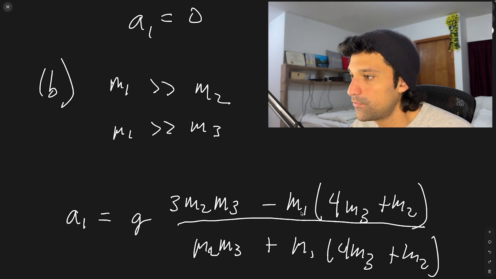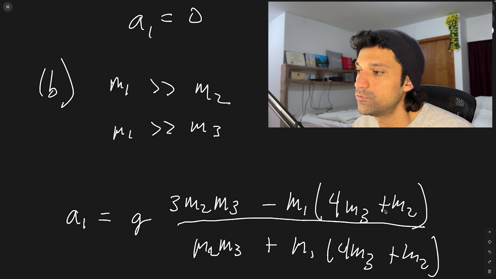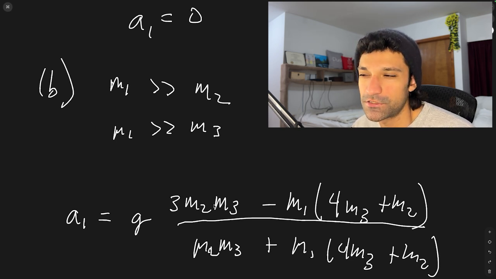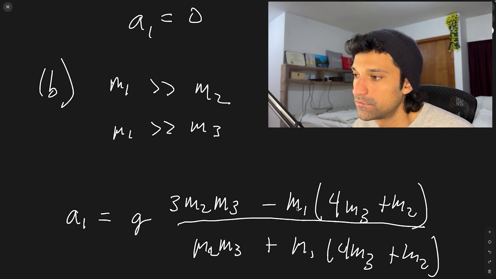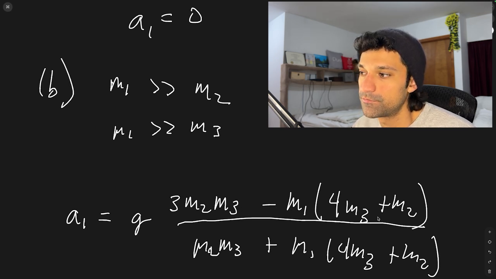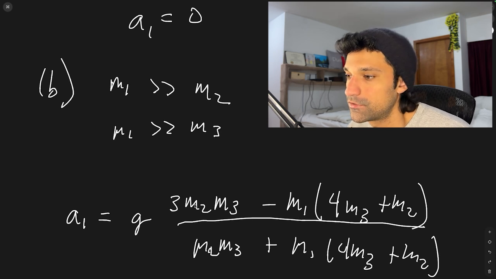Although m1 is multiplied by the sum of m3 and m2, which is small, the product of m1 and this sum is so much bigger than this product that this product basically vanishes when added or subtracted by this term. That's your hint.